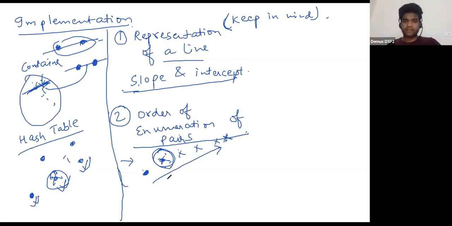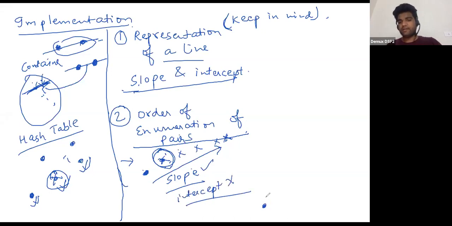We can get away with just keeping the slope now, and we don't need the intercept because you have fixed a point, right? So all the lines that come from this point, you can just have a slope to represent all these points, right? Or the other way to put it is what I was saying.